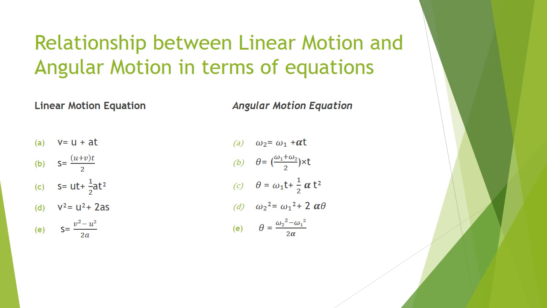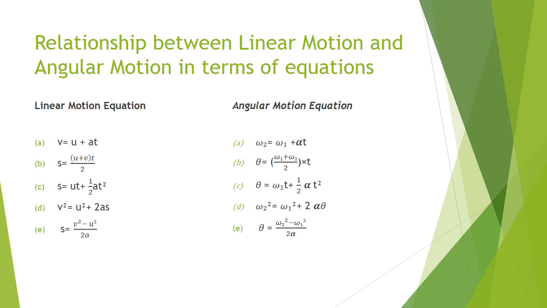So here what is changing are just the signs, but if you follow it closely you find that they are one and the same. For example, for the first one, where we have v is equal to u plus at, the v on linear motion, when it goes to angular motion, changes to omega.